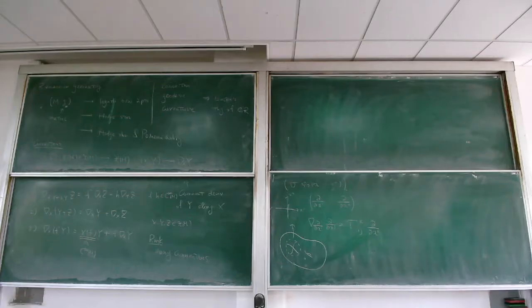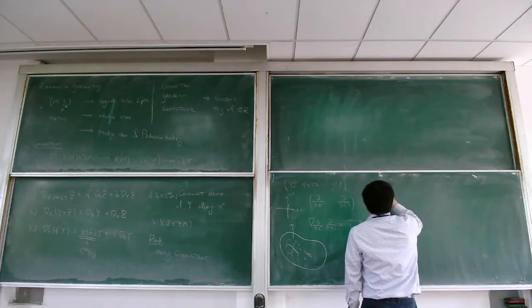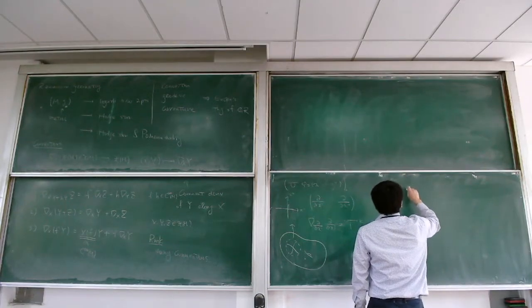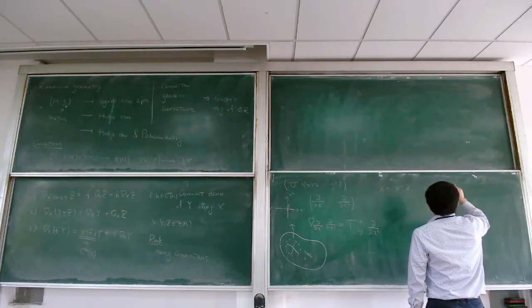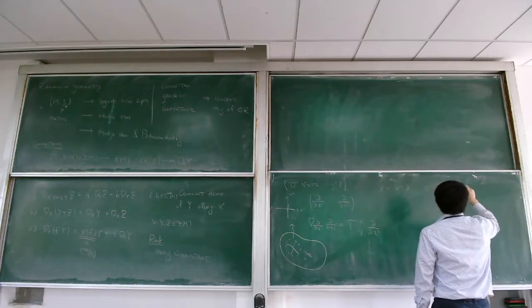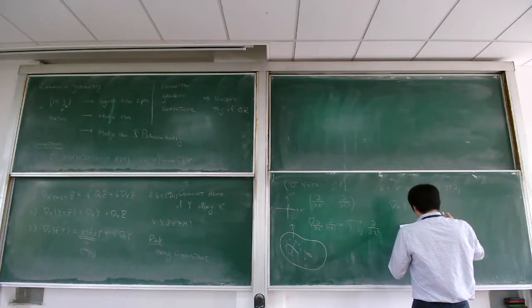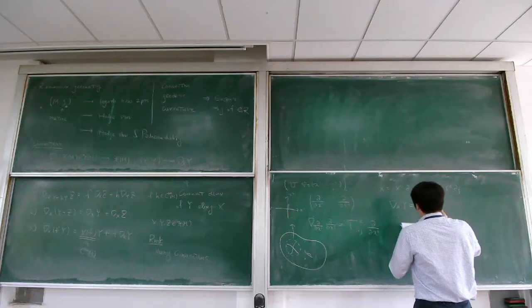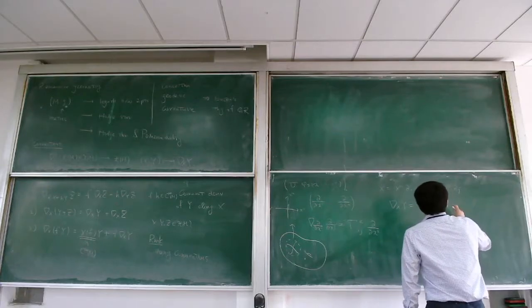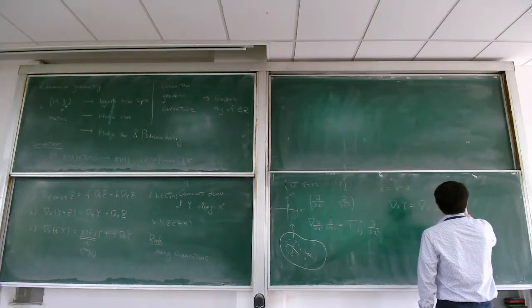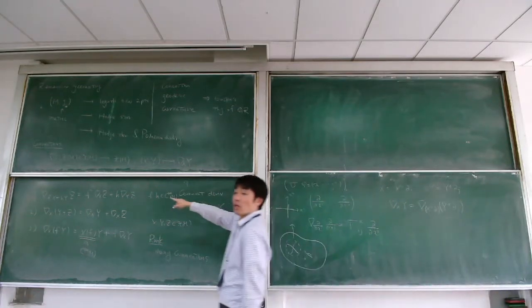Using this rule, physicists usually write X as X^i and Y in this basis as follows. You just assign this rule to get the right answer.